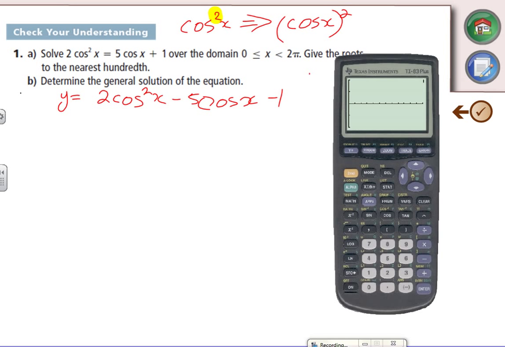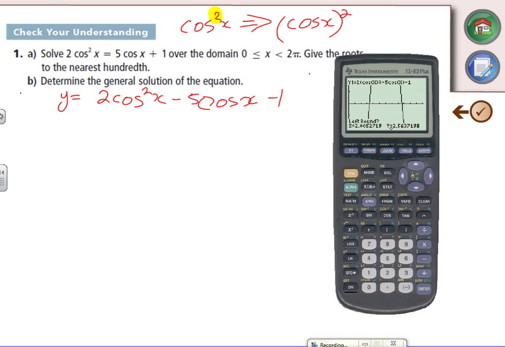Oh, there's 2 of them. We go, find our zeros, same way we've always found the zeros. When you're trying to find where your cursor is, make sure you watch this bottom bar here. It tells you where your x and your y is. Right now I'm above the x-axis because that's a positive value. There it comes.